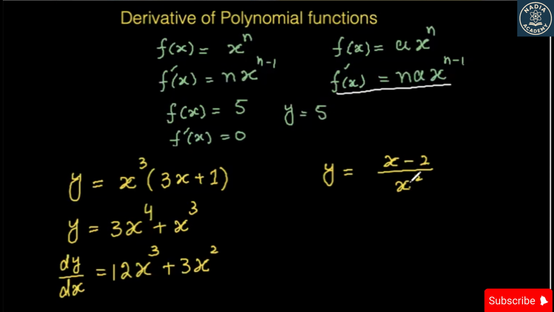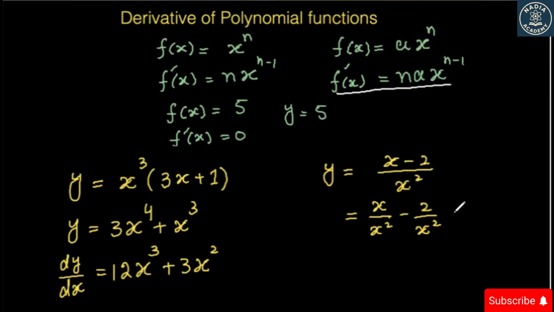Again, what is dividing, so we can write it as x divided by x square minus 2 divided by x square. So now we have written this common denominator for each term individually, and we have two individual terms.